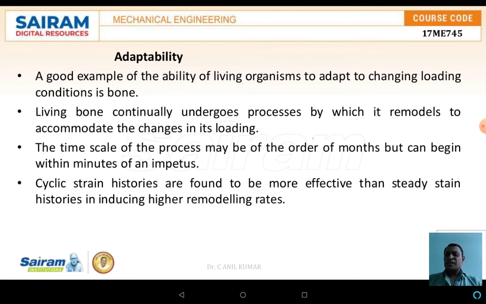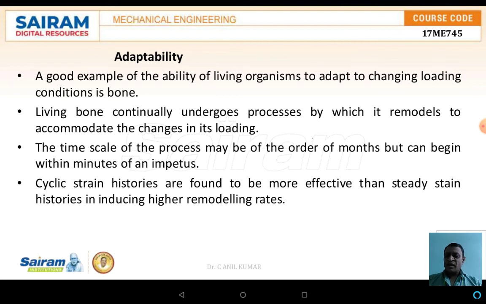The adaptability. The second concept which nature has implemented is adaptability. A good example of the adaptability of living organisms to changes in loading condition is the bone. Living bone continuously undergoes a process by which it remodels to accommodate the change in its loading.